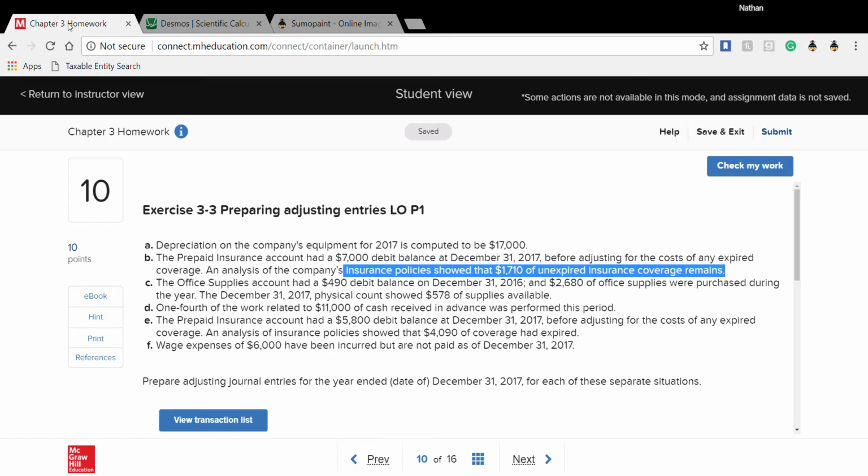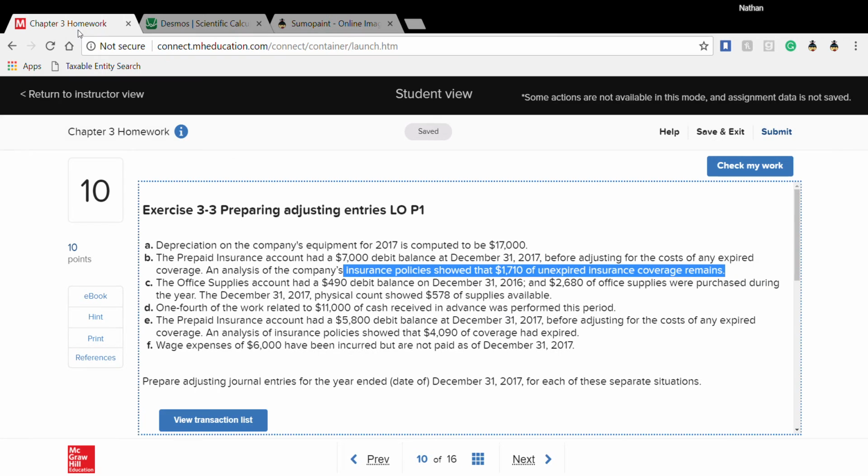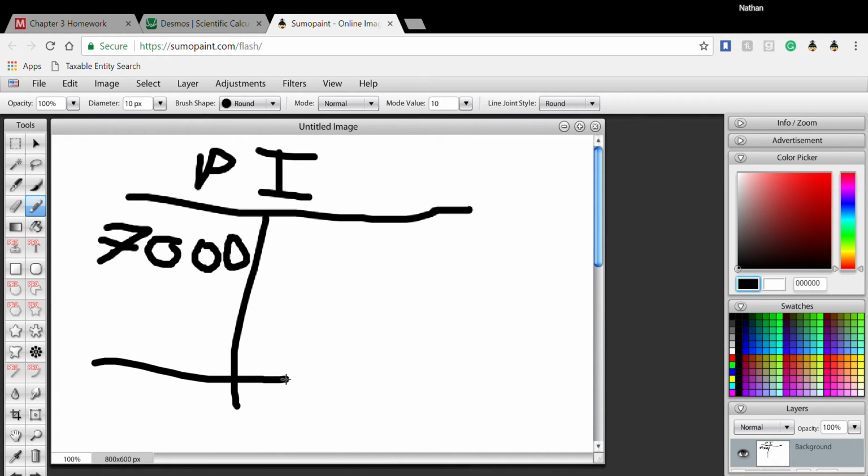So it says it had a $7,000 debit balance, and that it now has $1,710 unexpired, meaning we haven't used it. This is one you have to watch out for, because of how they worded it.